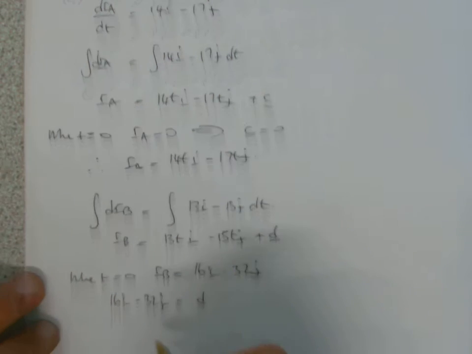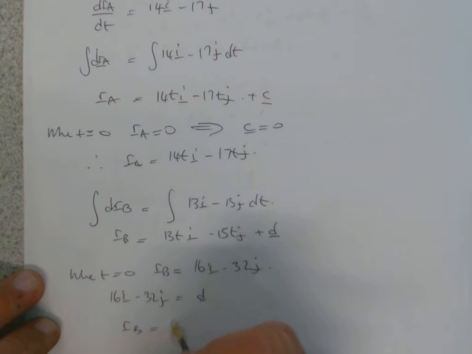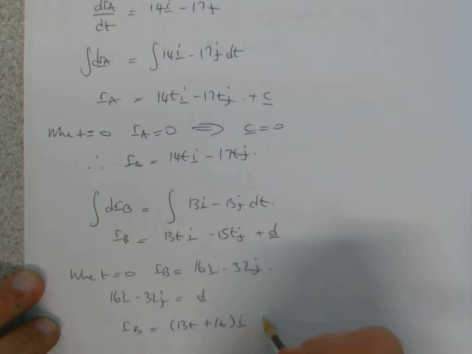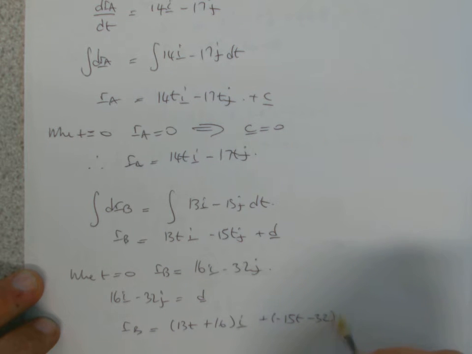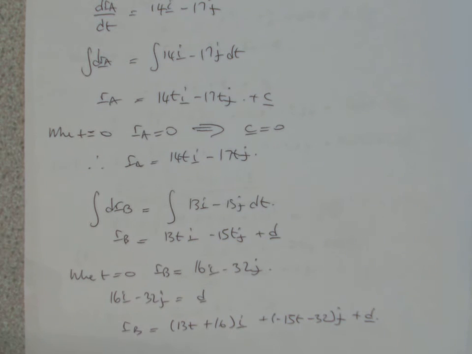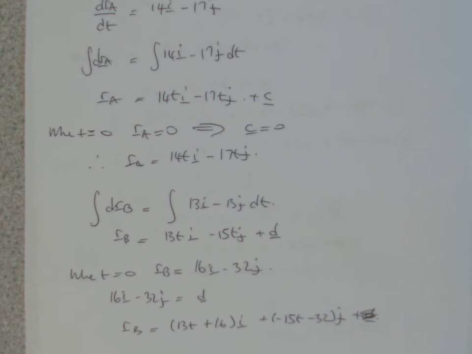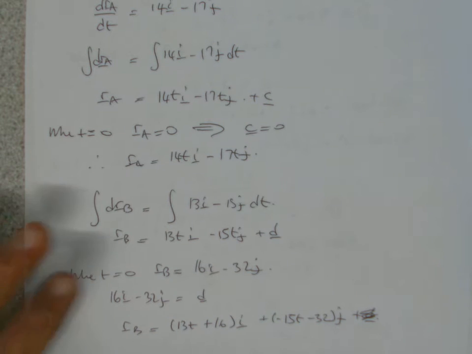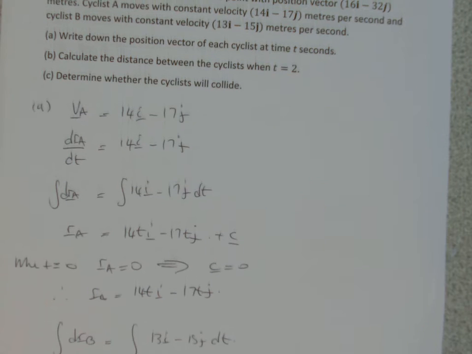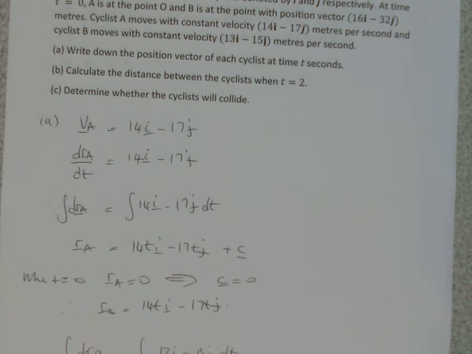Therefore RB would equal (13t plus 16)i plus (minus 15t minus 32)j. I've already worked out d, sorry. Excellent. So it says write down the position vectors of each cyclist at time t.